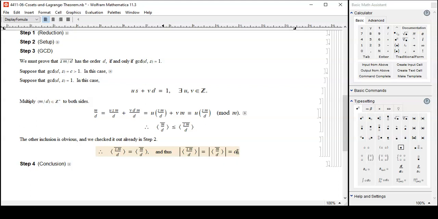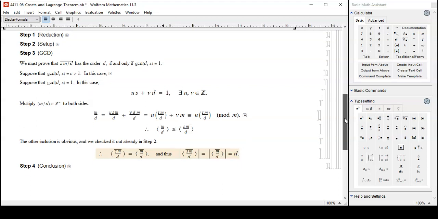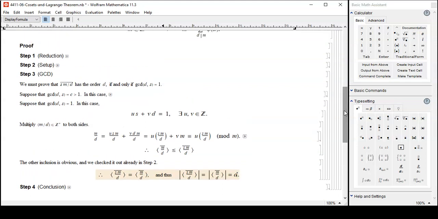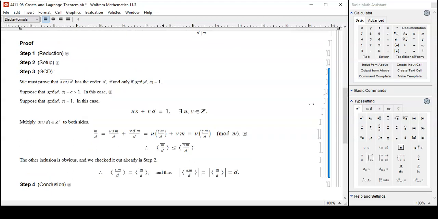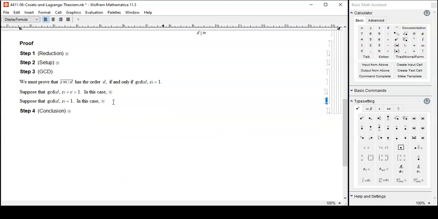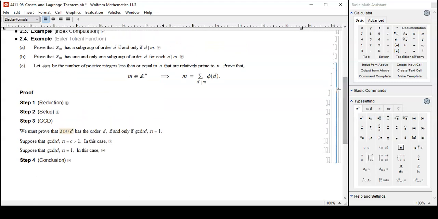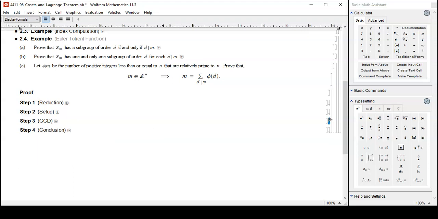So that has order d. That is the unique subgroup that has order d. So yes, if GCD is 1, then Sm over d bar has order d. We got it. And do you see that we completed the proof?